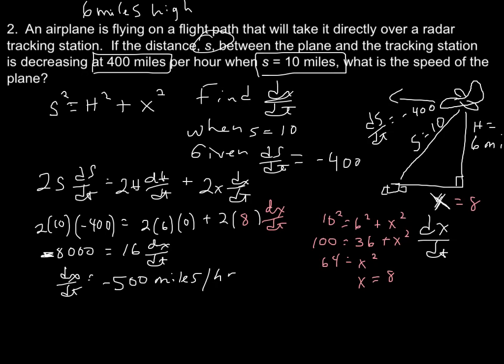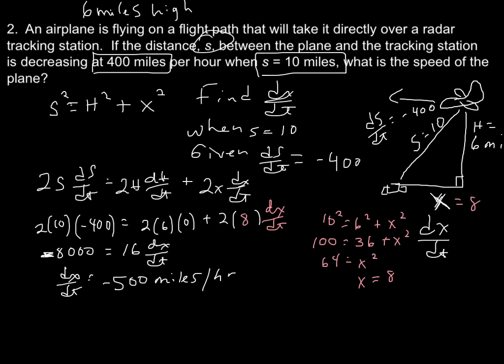Now, once again, we have to be extremely careful because the problem didn't say what is the velocity. Since this is a negative quantity, that is velocity, not speed. Speed is always positive. Velocity is speed with direction.